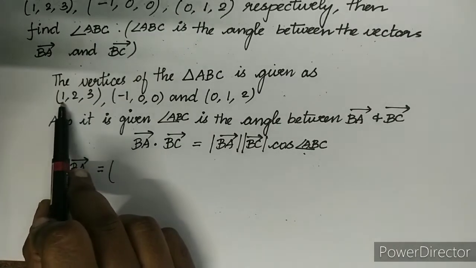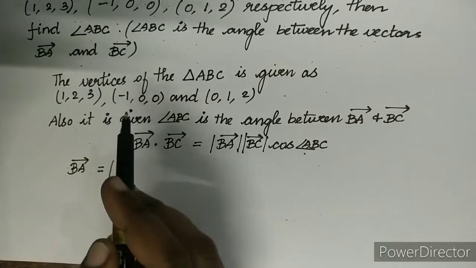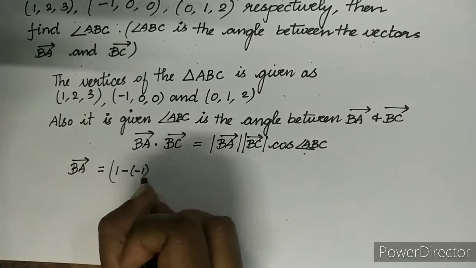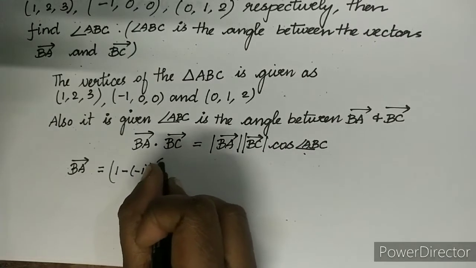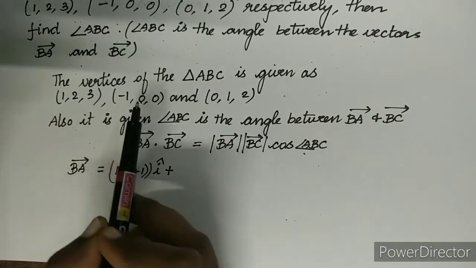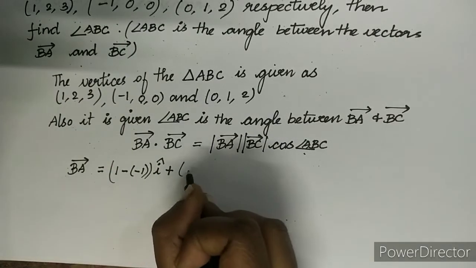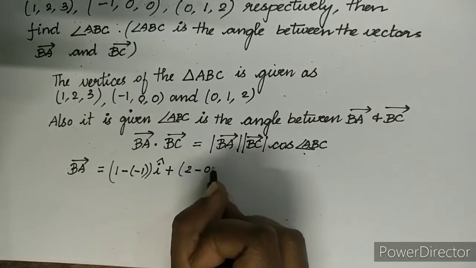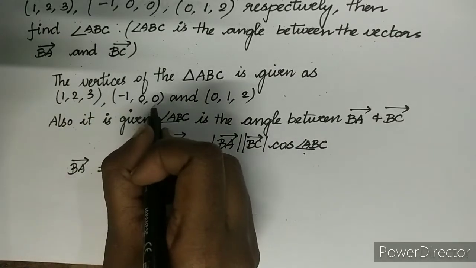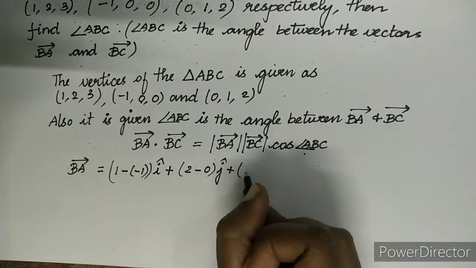So 1 minus minus 1 i cap plus 2 minus 0 j cap plus 3 minus 0 k cap.